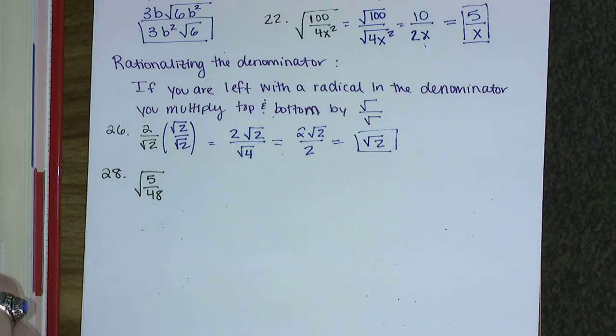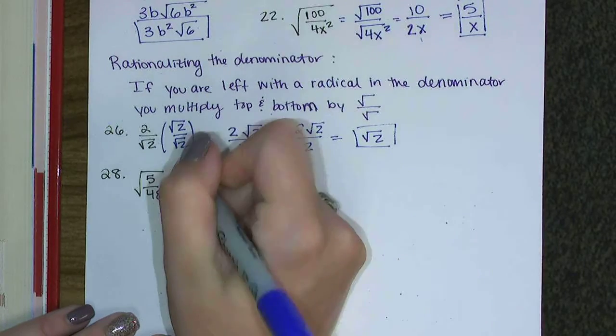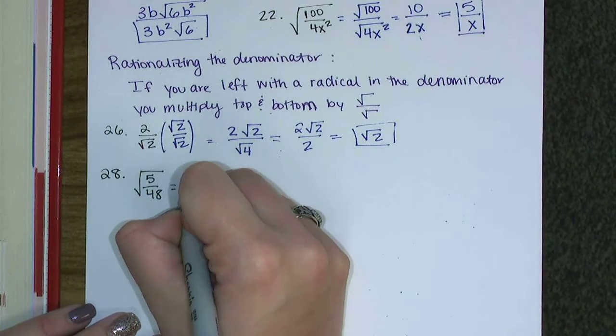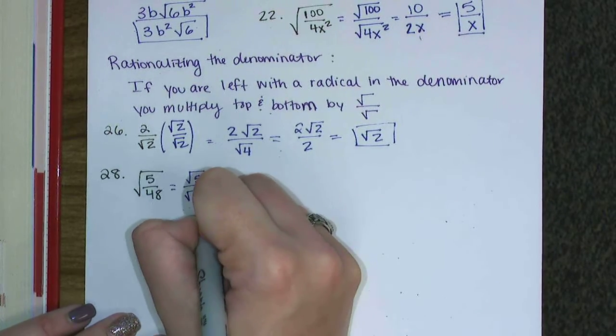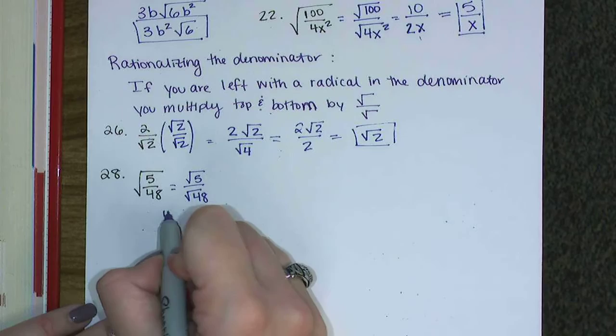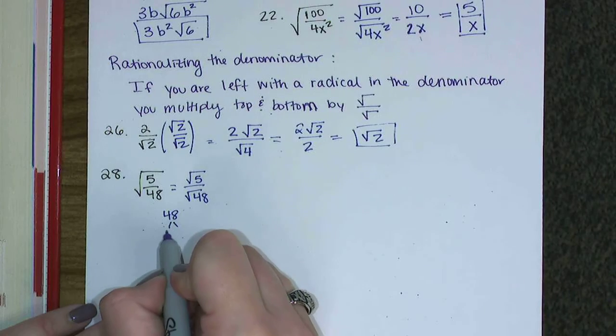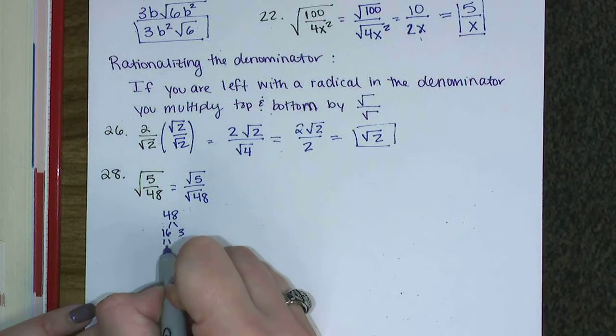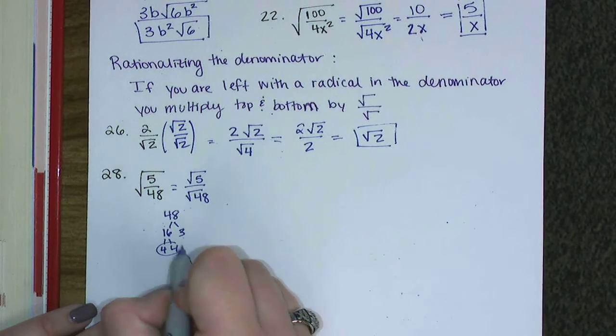So, let's split it: square root of 5 over the square root of 48. Does 48 have anything we can pull out? Well, we said 16 and 3, meaning that's 4 and 4. So I can pull out a 4 and be left with a square root of 3. So, square root of 5 over 4 square root of 3.